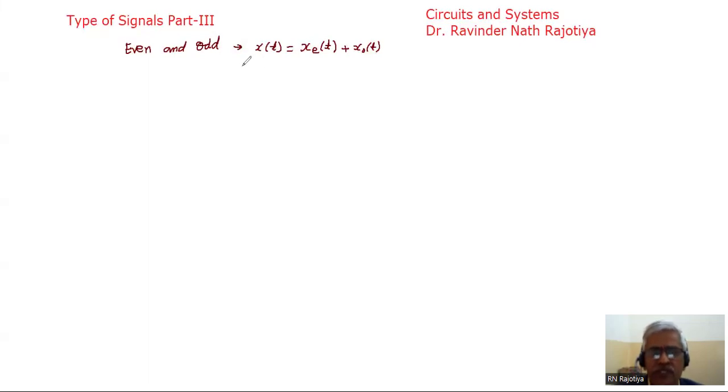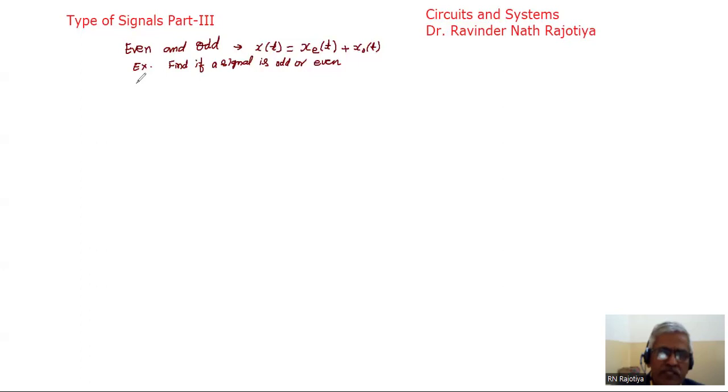Today we want to see that, given a signal, can you identify whether the signal is odd or even? Let's take an example to find if a signal is odd or even.